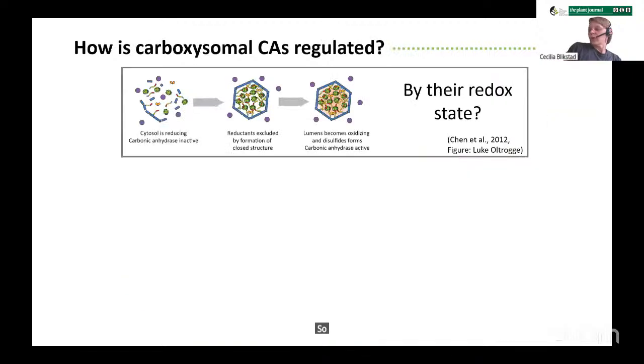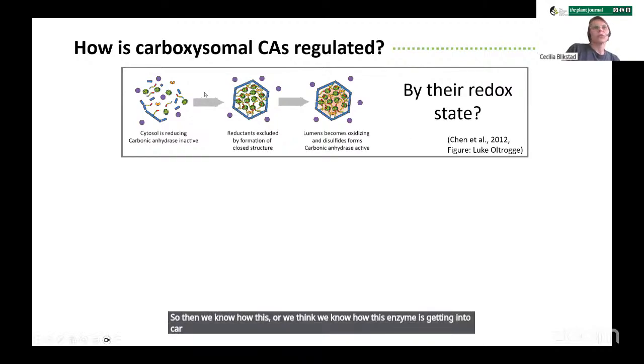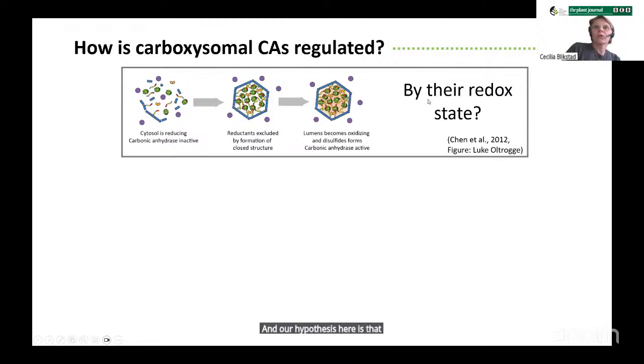So then we know, or we think we know, how this enzyme is getting into carboxysomes. And the next question was, okay, how is the enzyme regulated? Our hypothesis here is that this is done by its redox state.